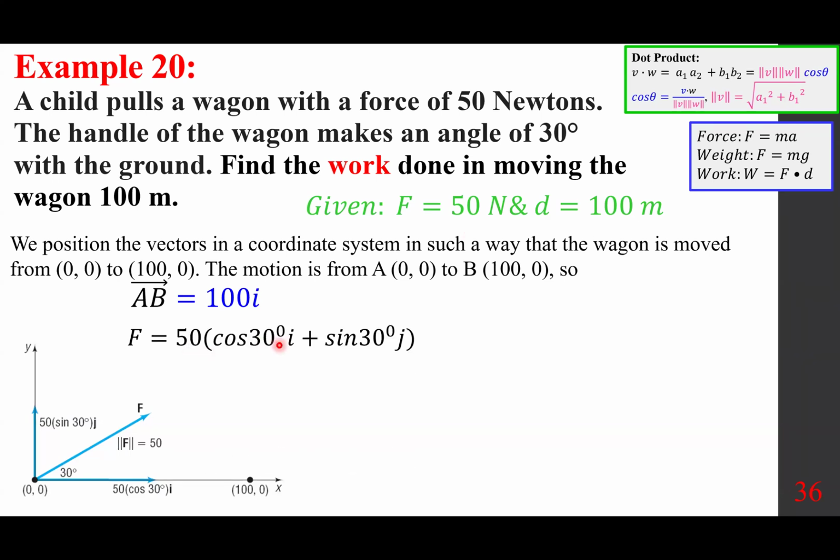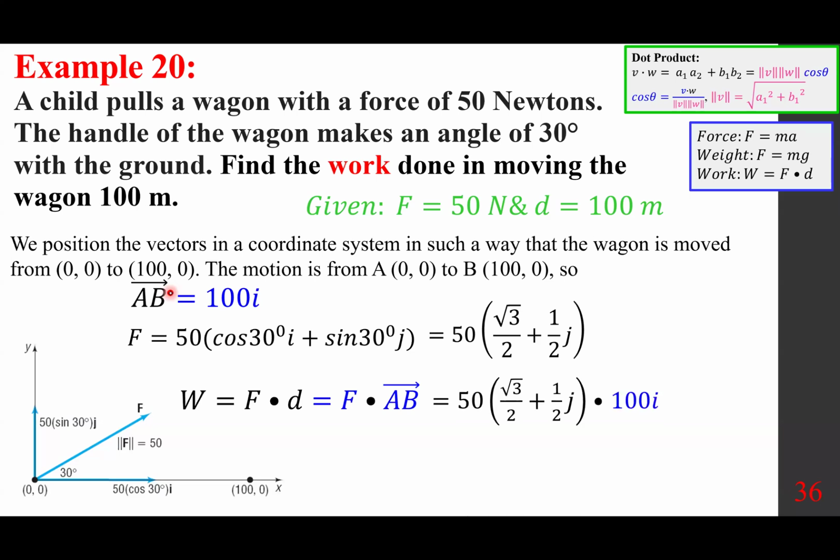So 50 cosine 30 i plus sine 30 j. And of course, this is square root of 3 over 2. This is 1/2. And the work is the dot product of the two. FD is F dotted with AB. So let's multiply the two.